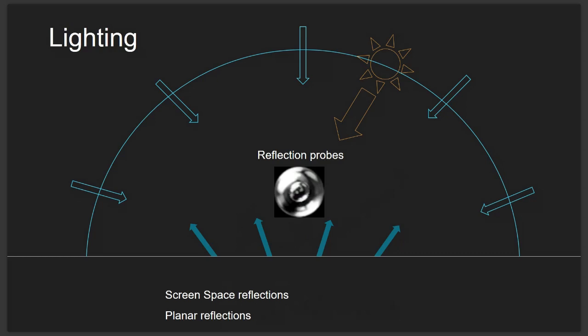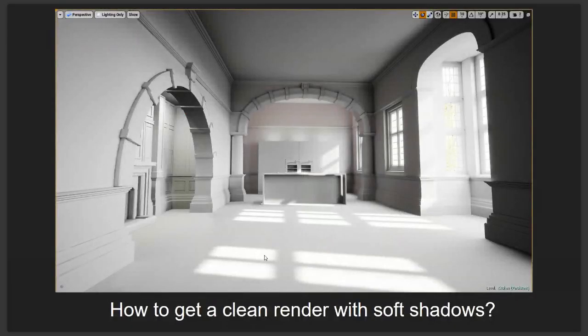If we want more accurate reflections, and in architecture reflections are very important, we will use either screen space reflections, which also work very well, or the later addition, I think again from 4.12, the planar reflections is what we'll use. So I'll show you that in a minute.